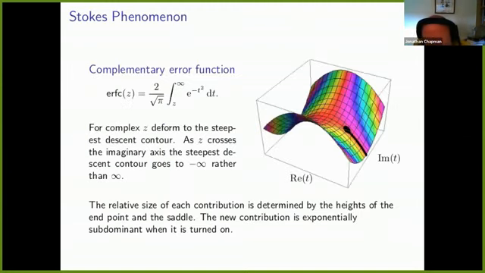So Stokes phenomenon: it's impossible to do anything with exponential asymptotics without coming across Stokes phenomenon. So let me just remind you about it. Traditionally, you first encounter it when you're looking at approximations of integrals. So here I have the integral expression for the complementary error function.